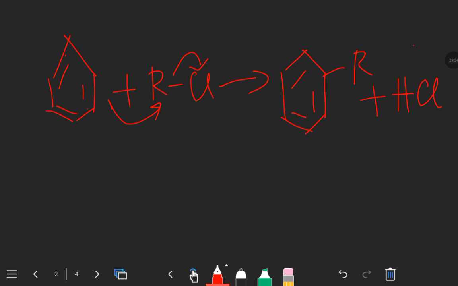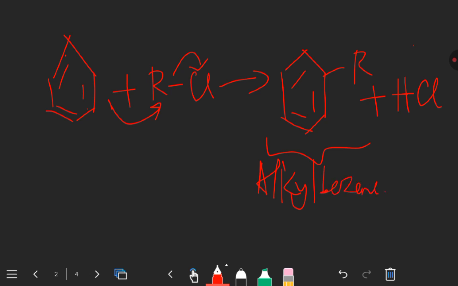Okay, so this is what we have. Then we've said the product which it forms, which is this one, is simply an alkyl benzene.